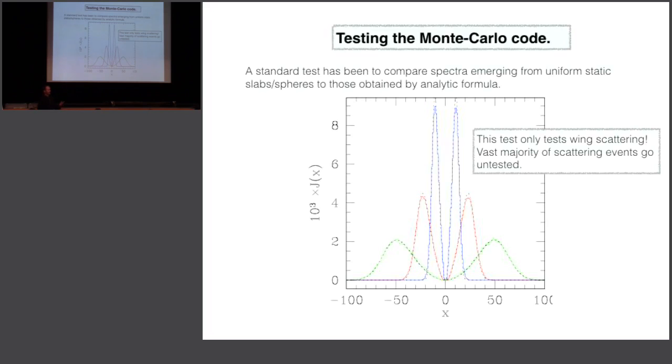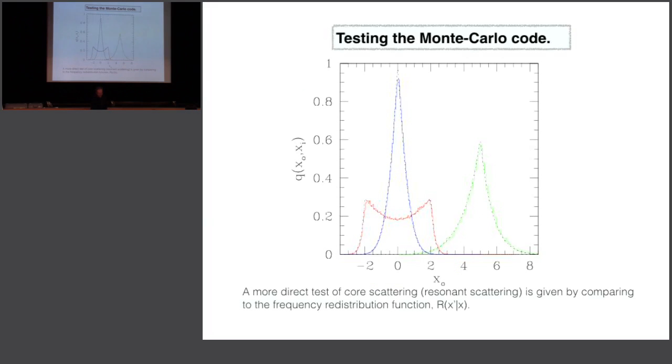So the vast majority of those 10 million scattering events do not matter, and you're not even testing them with this kind of test. The other thing, and I'll come back to that later, is that you could skip the vast majority of these 10 million scattering events, not all of them, and speed up the code tremendously. We'll talk about that in a second.